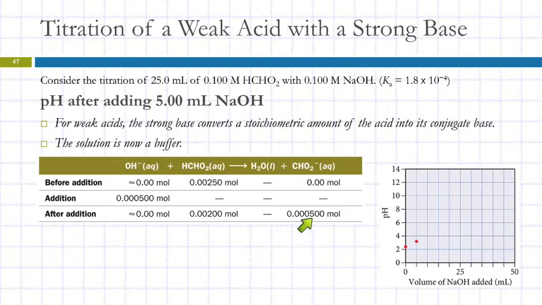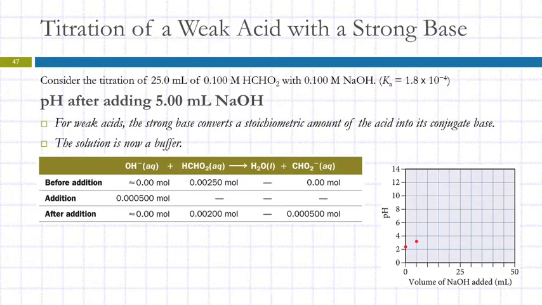And now we're going to have a number of moles of our conjugate base. We didn't have this with the strong acid and strong base because the conjugate base doesn't have any pH action. It's neutral. But now we've got this. So we have moles of the acid, we have moles of the conjugate base.